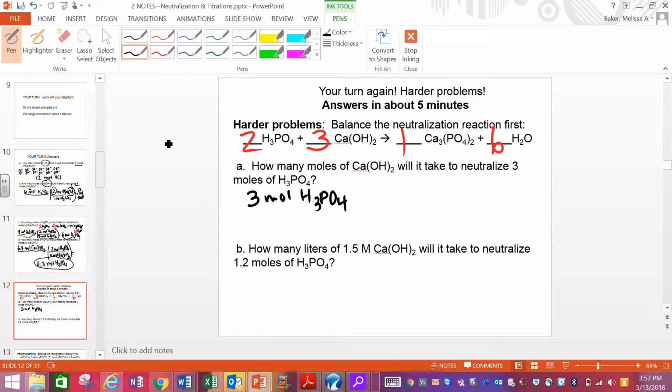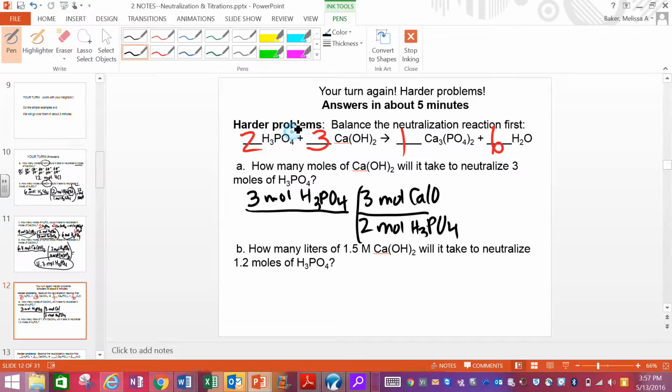Always start by writing what you know. Well, for every 2 moles of H3PO4, you need 3 moles of Ca(OH)2. 3 to 2 ratio. 3 times 3 divided by 2, that is going to be 4.5 moles of calcium hydroxide.